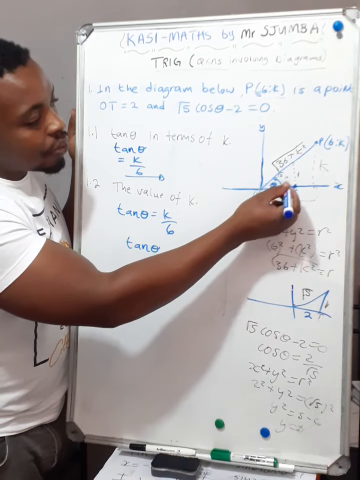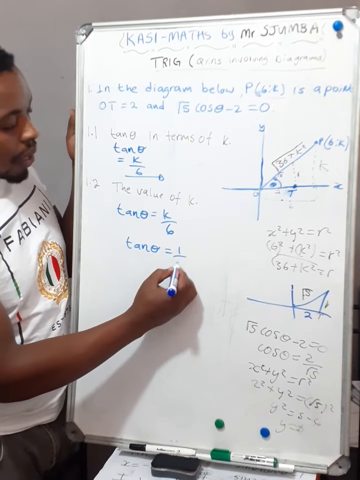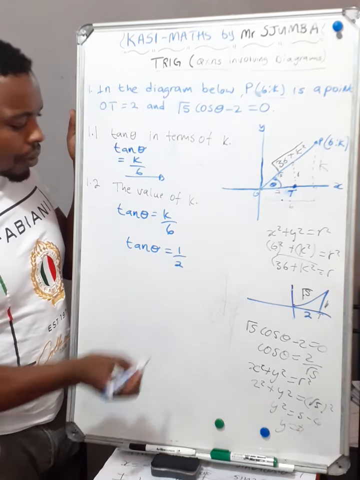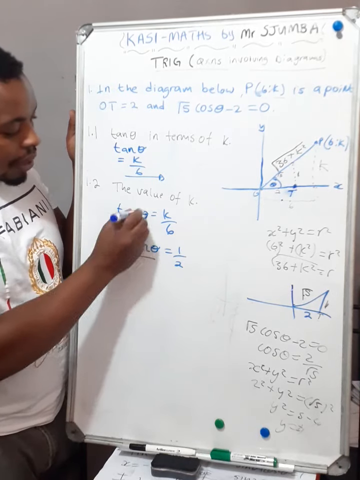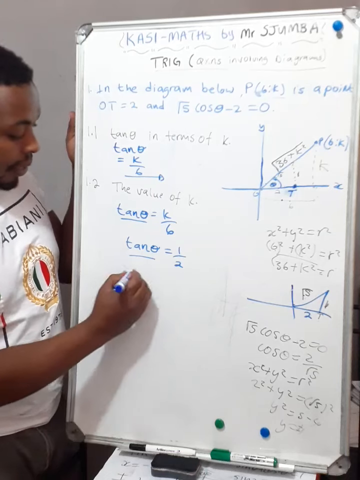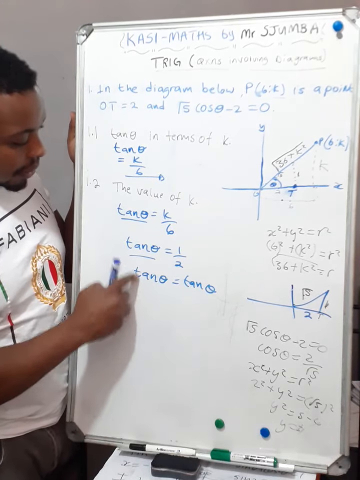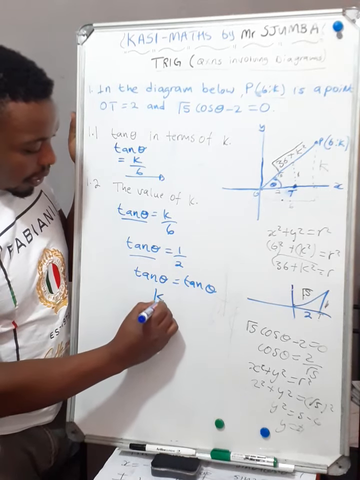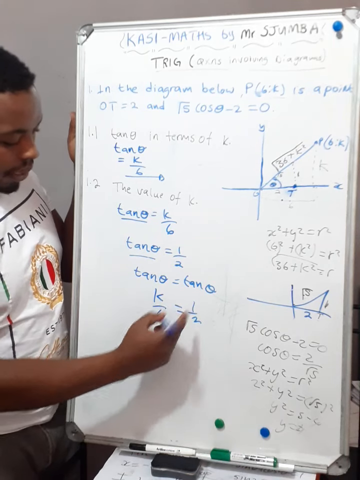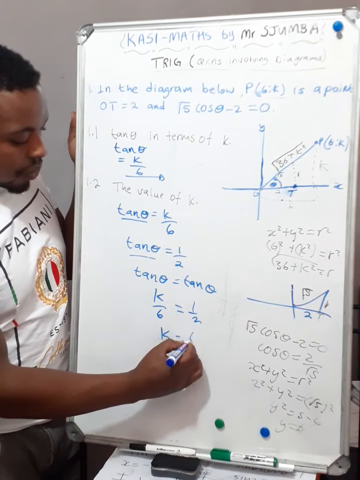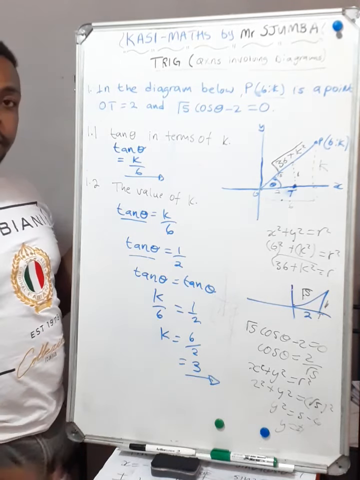Tan theta is equals to opposite over adjacent, which is equals to 1 over 2. So tan theta and tan theta are equal because they have the same angle. So k over 6 equals 1 over 2. Then we cross multiply, k will equal 6 over 2, and k will equal 3.